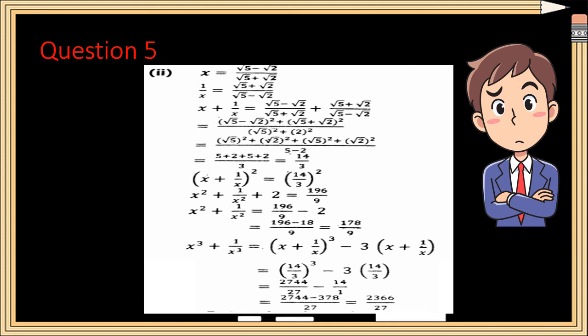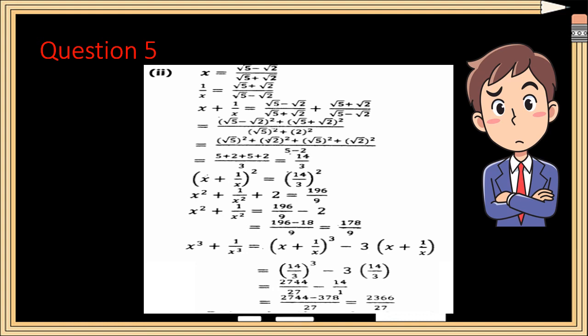And here 14 square will give you 196, and 3 square will give you 9. For finding x square plus 1 over x square, you will just remove this 2 and move it to the other side of the equation, where plus 2 will be written as negative 2. So 196 by 9 minus 2, and we can get 178 by 9.